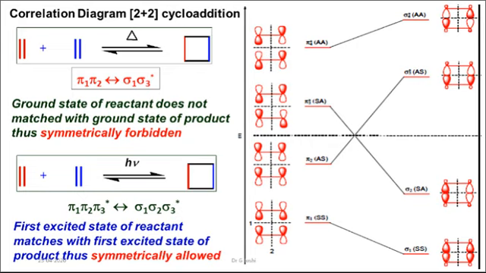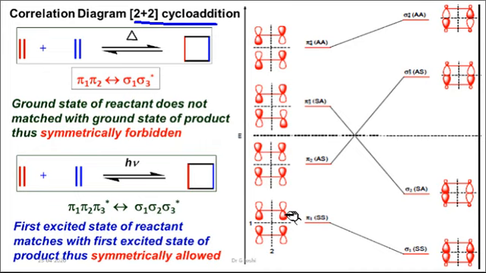In the given slide, the 2 plus 2 cycloaddition correlation diagram is shown. We are basically concerned with the 4 pi orbitals of two ethene molecules because we are connecting two ethene molecules together.